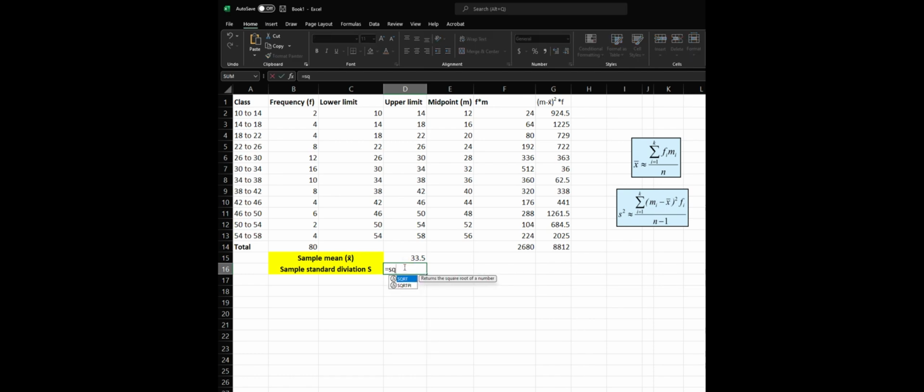The square root formula here is going to be SQRT. The first part here is going to be this one, divided by this part minus 1. So just to have this calculated correctly, I'm going to put that between brackets. Go. And then you got the standard deviation here.